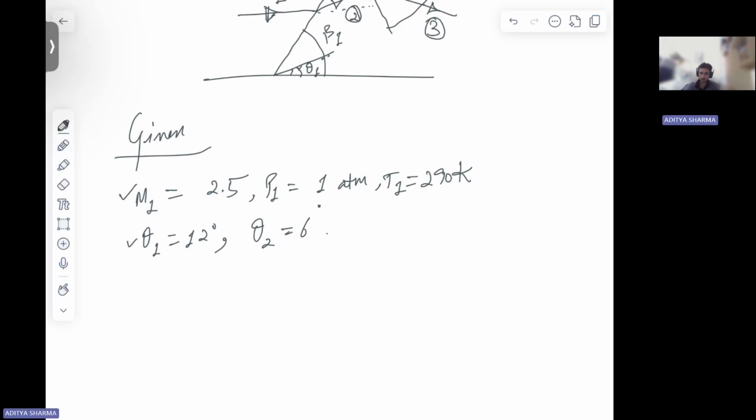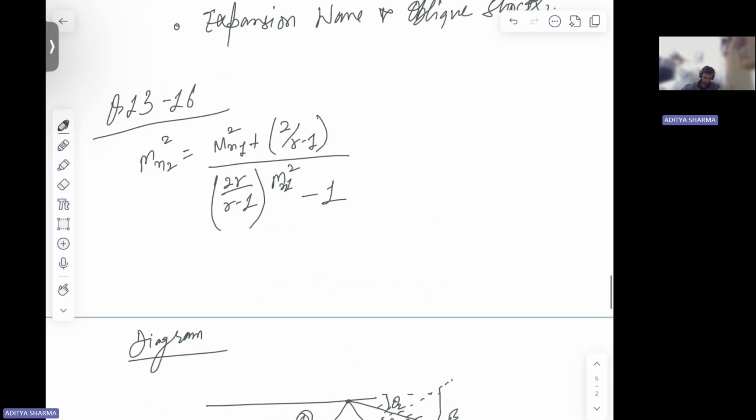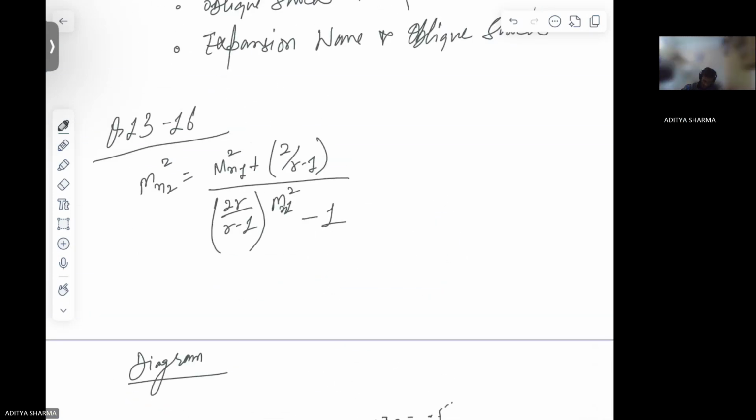one, this we will be using, and one this we will be using, from the velocity triangles. So this is there.